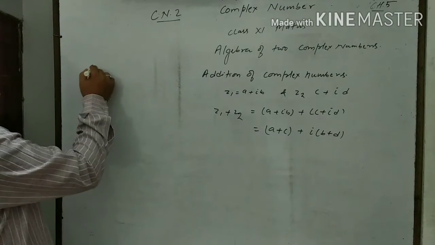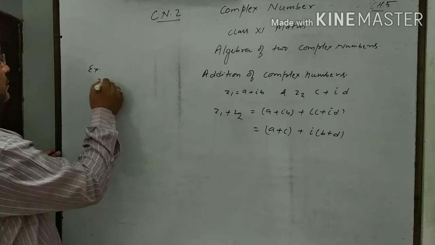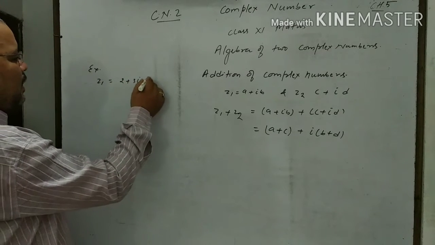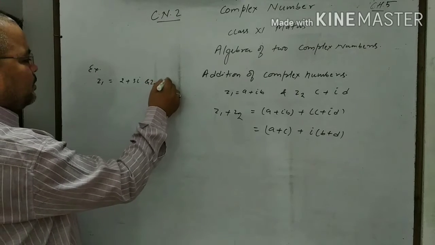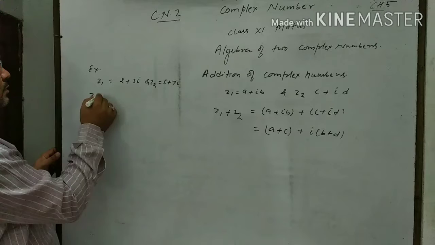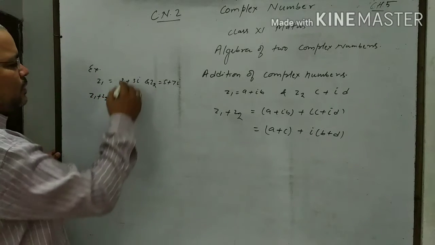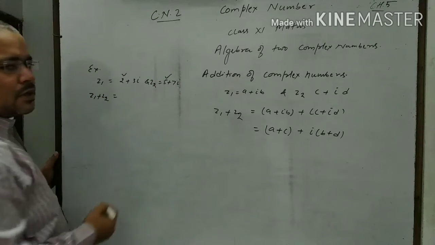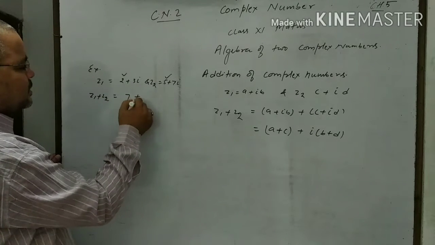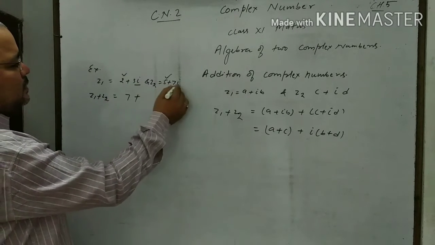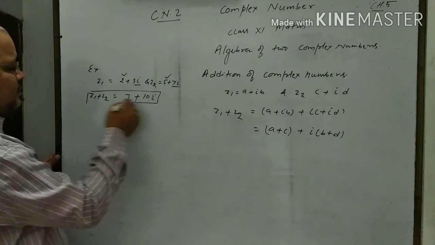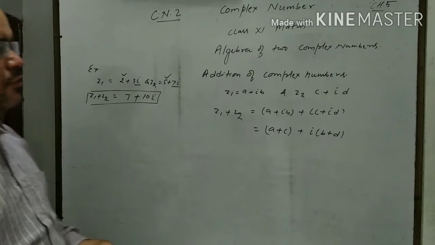Example: if we have Z1 as 2 plus 3i and Z2 as 5 plus 7i, then for Z1 plus Z2 we add the real parts, 2 plus 5, that is 7, and the imaginary parts, 7i plus 3i, that is 10i.